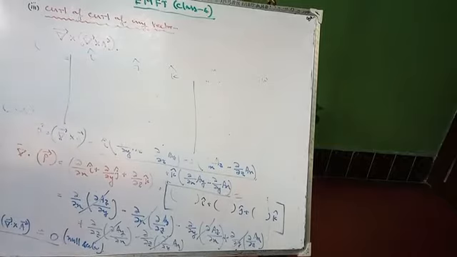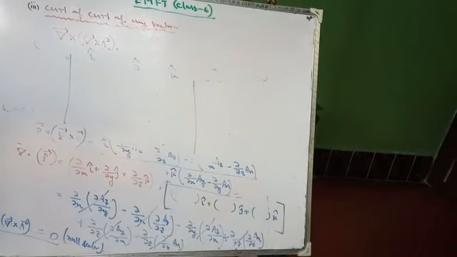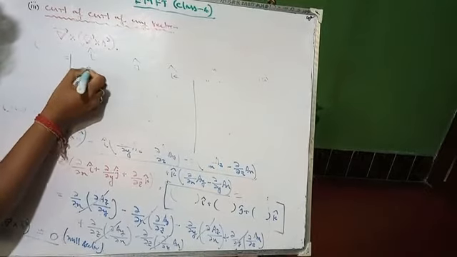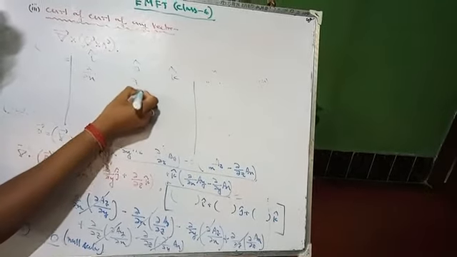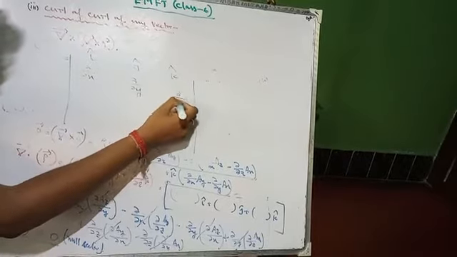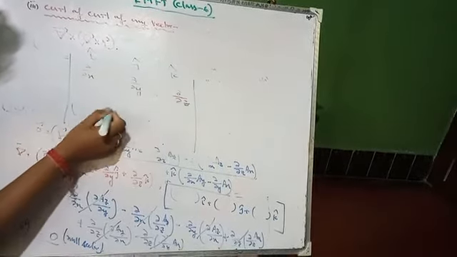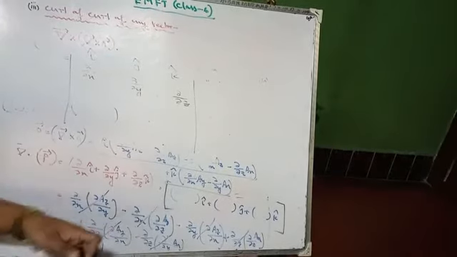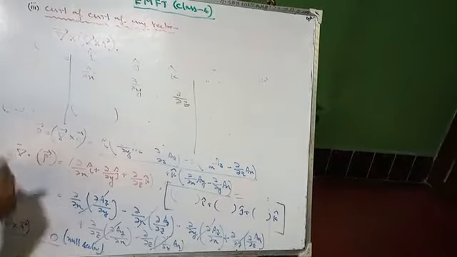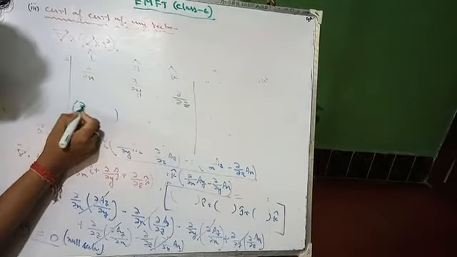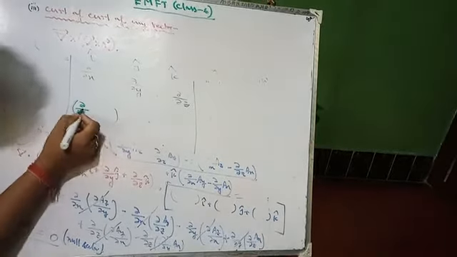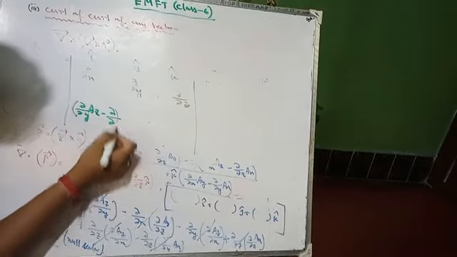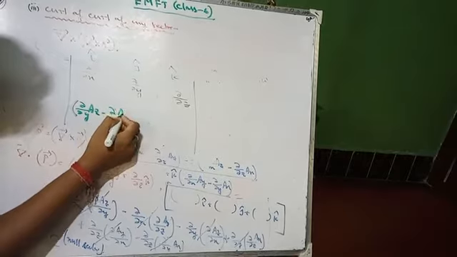So what will be your answer? Here you can see del x, del del x, del del y, and del del z, and here it will be del del y az minus del del z ay.